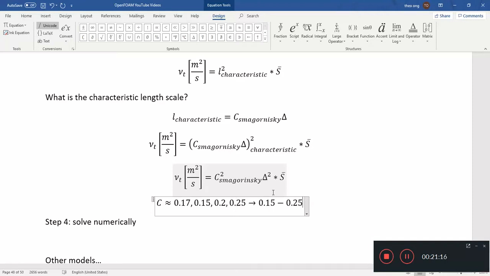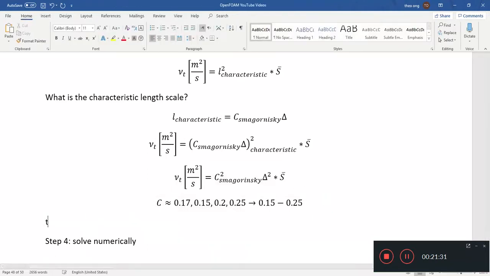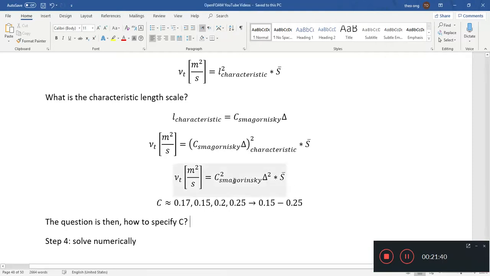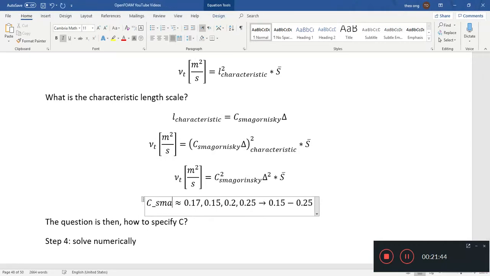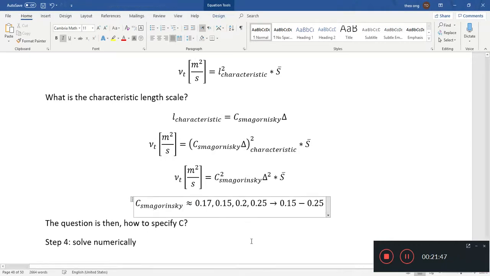The nice thing about the Smagorinsky model is that you only need to define one parameter, which is this coefficient. But the trick, the question, is how to specify this Smagorinsky coefficient. I hope I'm pronouncing his name right.